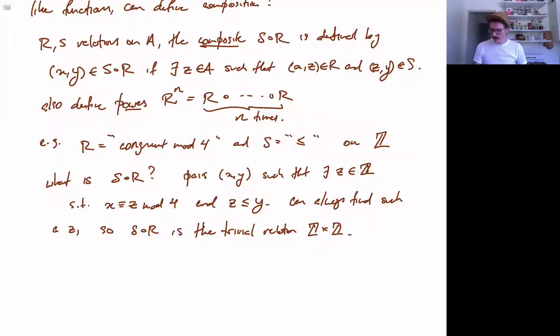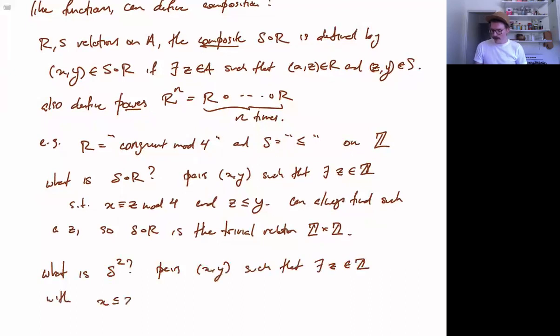What is S squared? Well, it is pairs (x, y) such that there exists z with x less than or equal to z and z less than or equal to y.